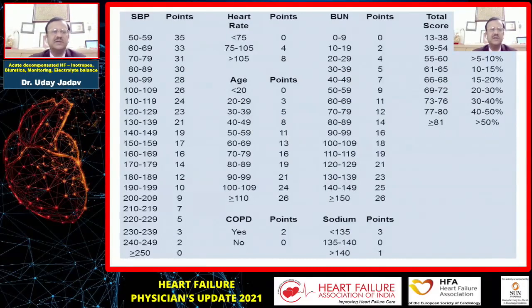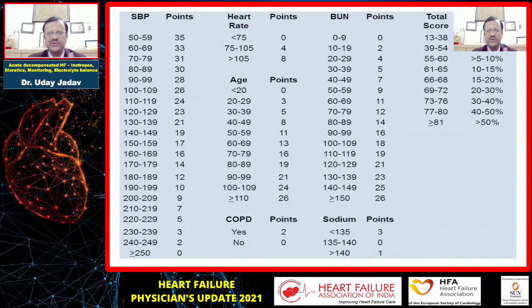He gets another 28 points there because his systolic blood pressure is low, that's 39. His heart rate more than 105, 47. He doesn't have a COPD. And let's say his BUN is between 50 and 60. So you're dealing with a total score of 55 to 60. That turns out to be a mortality between 5 to 10%.